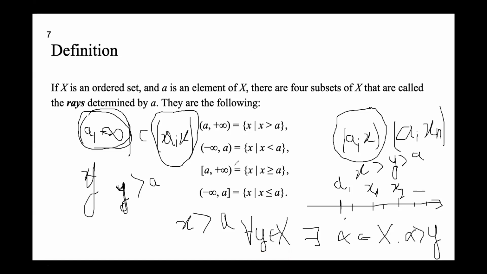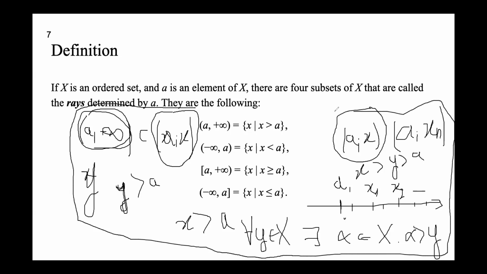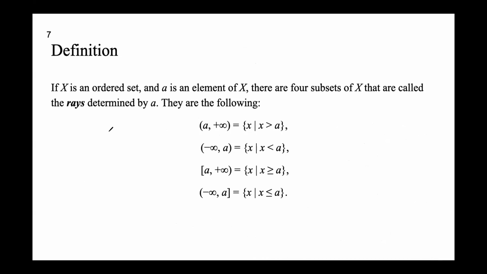So let's suppose that Y is not the biggest element of the set, right? Now we have to study the case where Y would be the greatest element here. If Y is the greatest element, then this set would be equal to (A, Y), right?